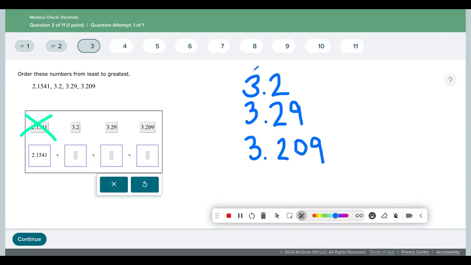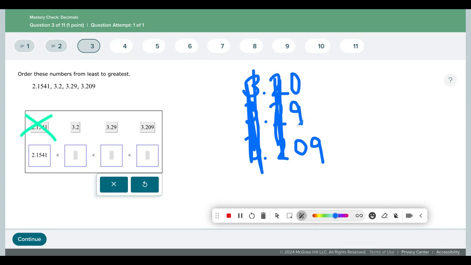So I go through and I'm like, they're all 3s in the ones column, so that doesn't tell me anything. I can ignore that. So I go to the next place value over, they're all 2s, so that doesn't tell me anything. So if I go to the next place value over, I have a blank, a 9, and a 0. Well, I know the blank just means I could put a place value 0 there, right? So out of these 3 numbers, do I have anything that stands out as being different?